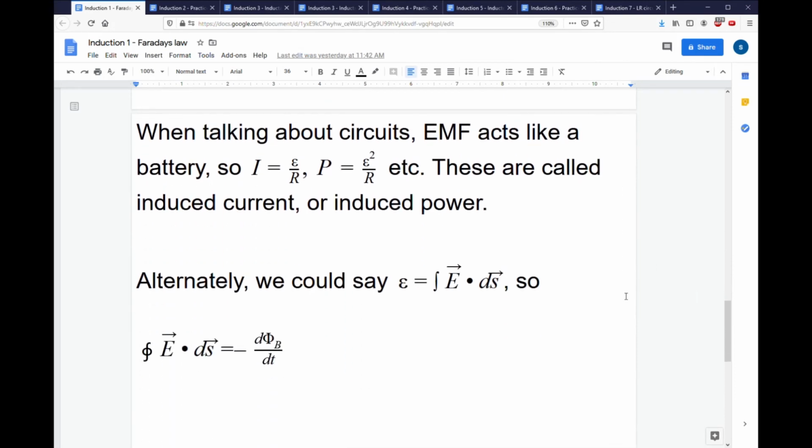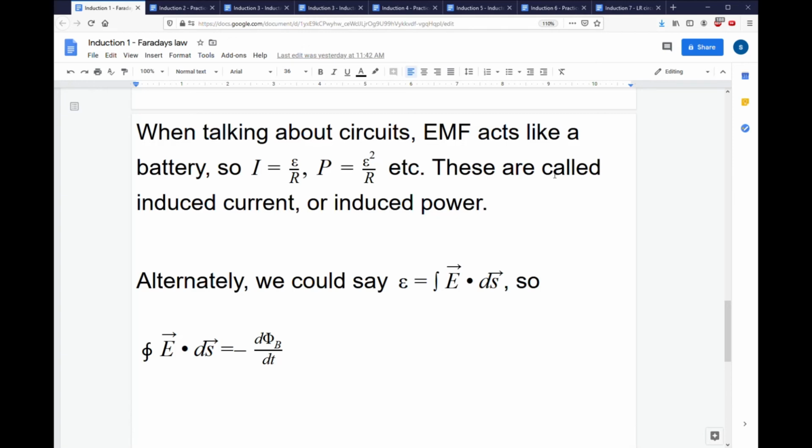Now, like I said, we are picking electromotive force to replace voltage. And we have to replace voltage because voltage is position dependent, but electromotive force is not. For our purposes, that doesn't matter too much, but it will become important if you get into this kind of stuff later on.